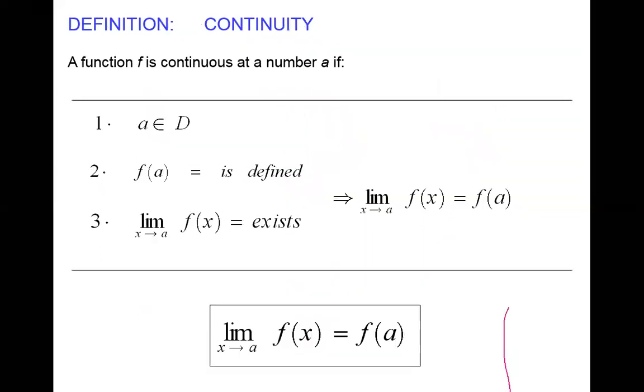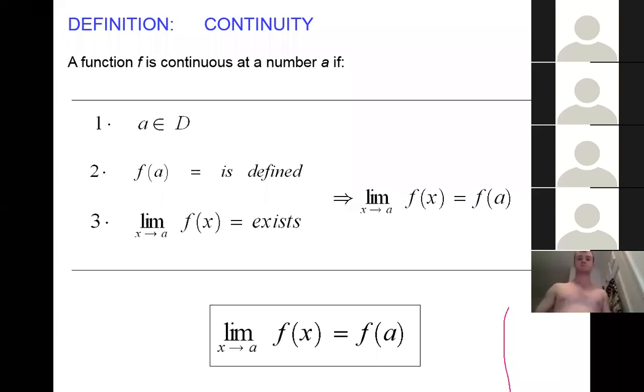Another thing that was really important was the last section in chapter 1, section 1.8, which was about continuity. It's really important to understand when a function is continuous at the number a. A function is continuous if the value is the same as the limit.